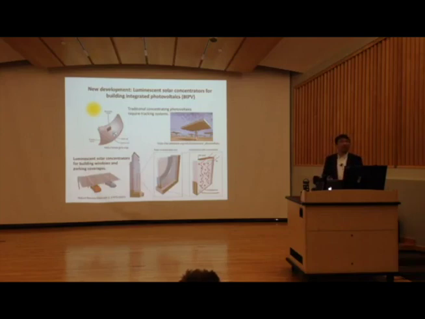It's just a name people came up with to describe this technology. To make sure this technology works, you need a certain material inside to absorb sunlight and also emit light at longer wavelengths. So the quantum dot is this kind of material.